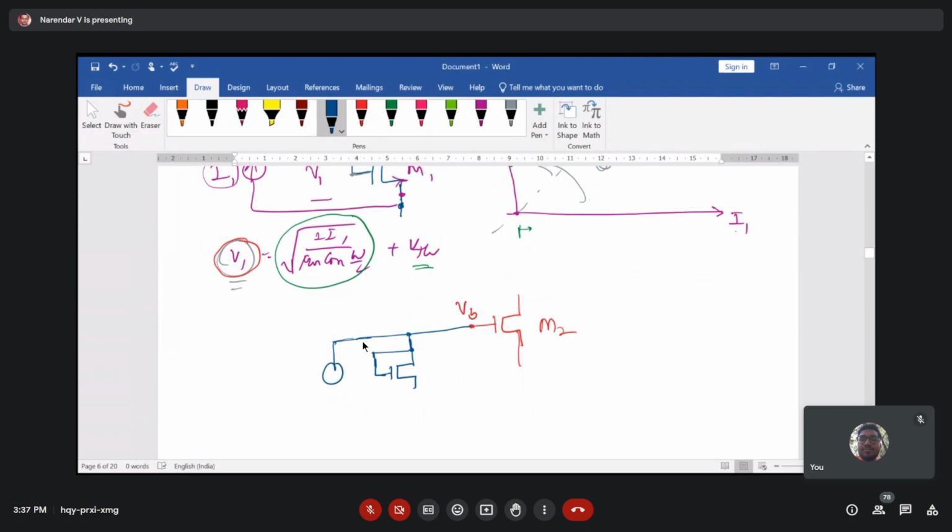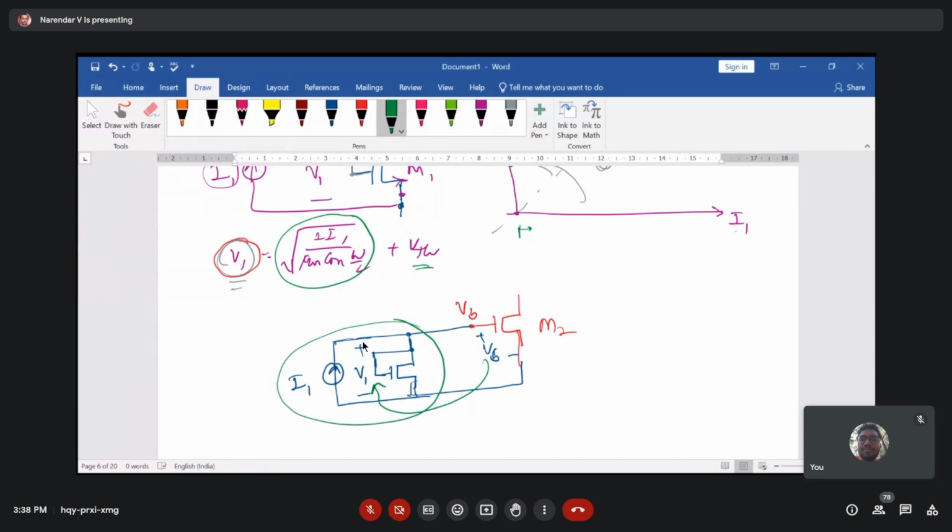So here we have a current source, something like this, connected. Now here the current is I1 and the voltage across here is V1. This voltage is the same as this VB voltage that you are talking about. So VB is equivalent to V1, right?